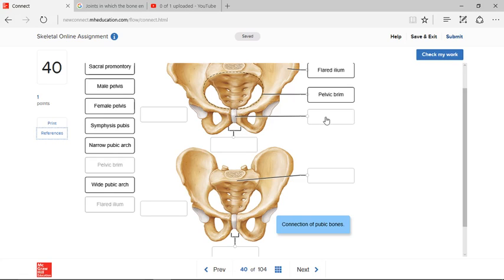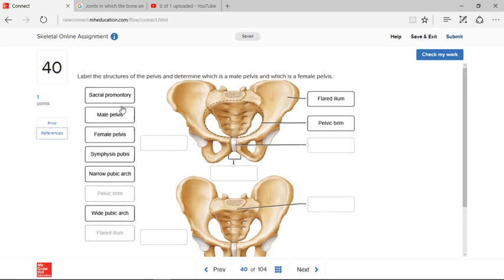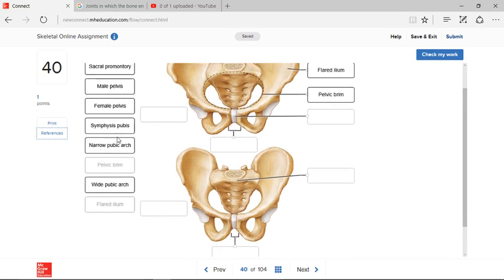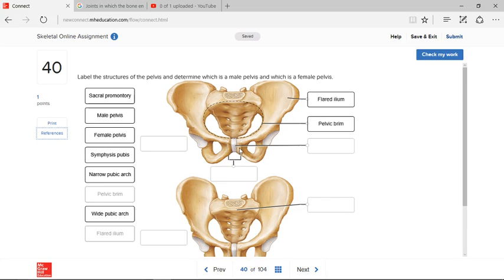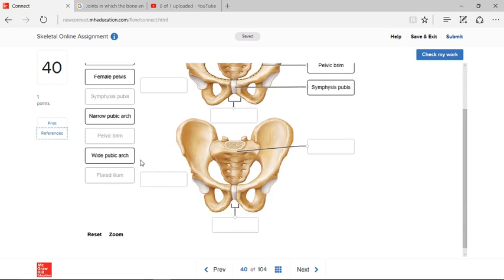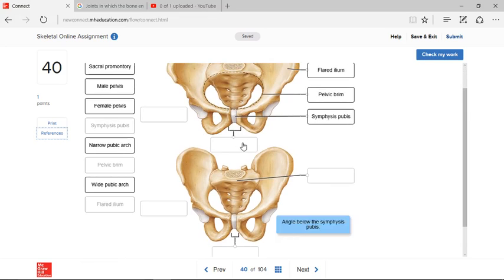Anyways, the connection of bones, that will be the pubic symphysis. Pubic symphysis is where the bones connect. Oh, the symphysis pubis. Okay, it's just backwards or something. This little part right here, that's called the pubic arch. Now, I believe this would be called the wide one.